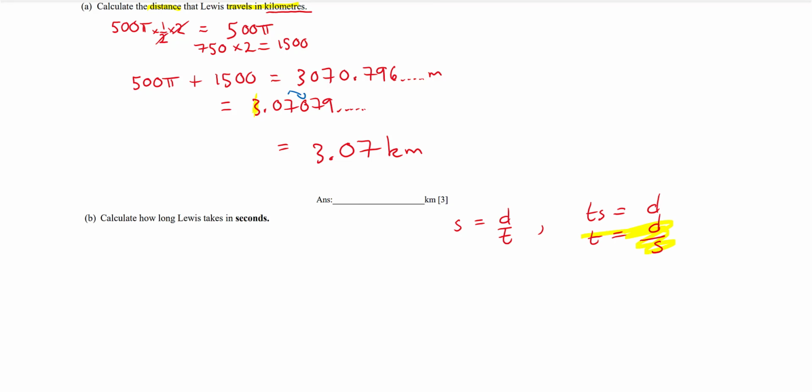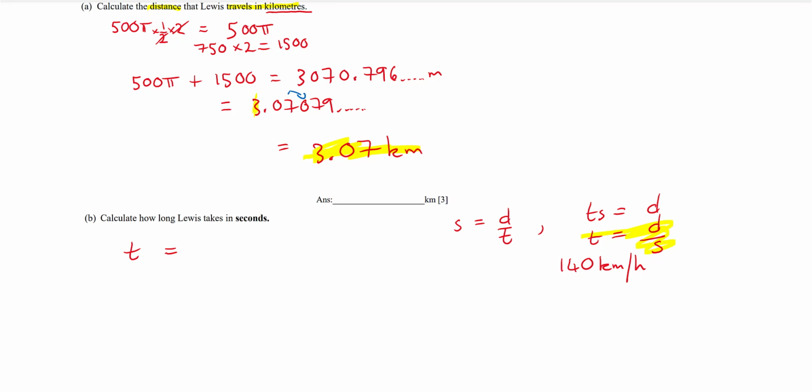So we know our distance, that's 3.07 kilometers, the distance around the track. And we know our speed, that was given before the question, as 140 kilometers per hour.